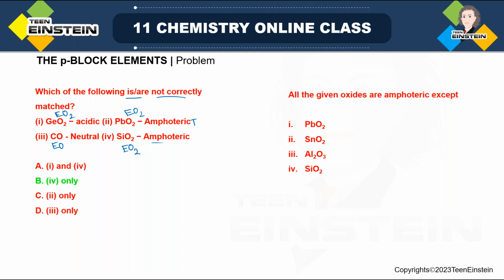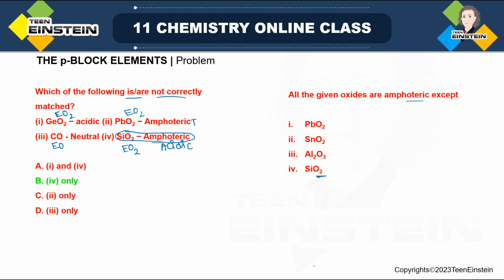All the given oxides are amphoteric except, that means there will be one exception which will not be amphoteric. Basically we have just seen that this one is false, it is acidic. Here it says all the given oxides are amphoteric except which one.